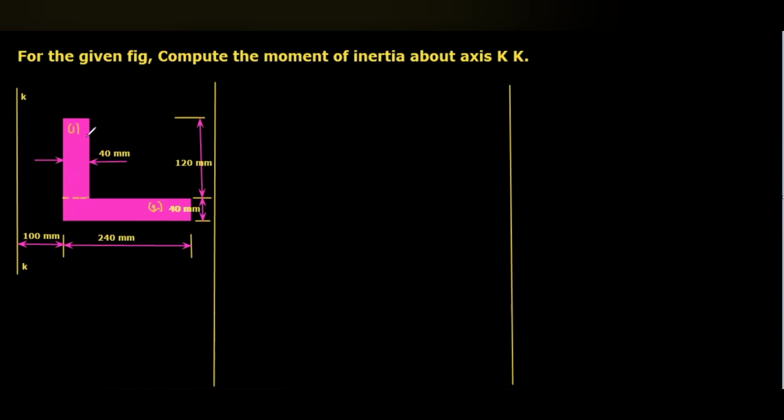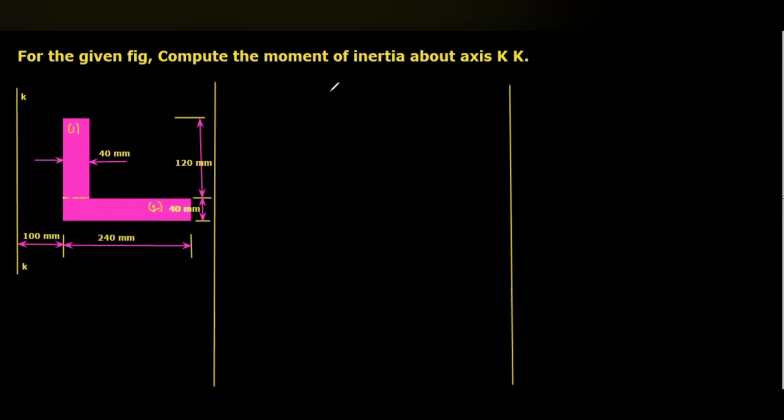First rectangle with the dimensions 40 mm width, 120 mm depth. Second rectangle 240 mm width and 40 mm depth. This entire section is at a distance 100 mm from the KK axis, about which we are going to calculate the moment of inertia.